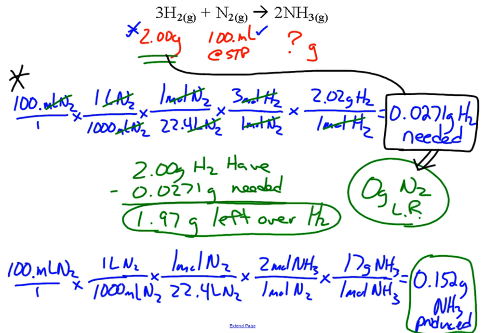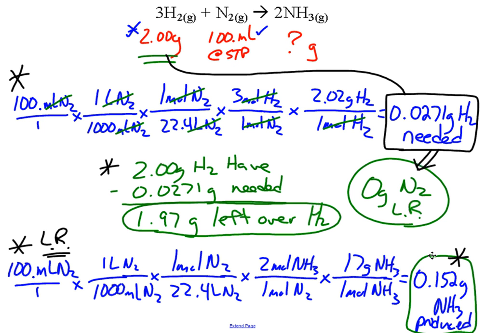So we realize that we have excess of the hydrogen, which means that nitrogen must be the limiting reactant. And then we did a little calculation to figure out the amount of hydrogen that was left over. We came down, we used our limiting reactants. Right, that's important here. You use your limiting reactant to then figure out the mass of the product that is formed.